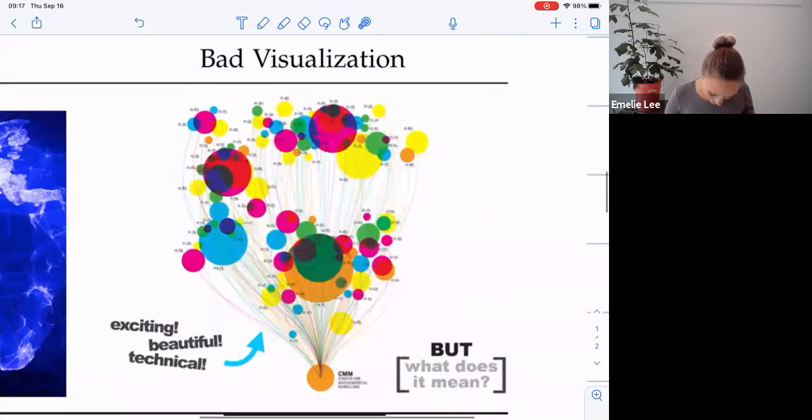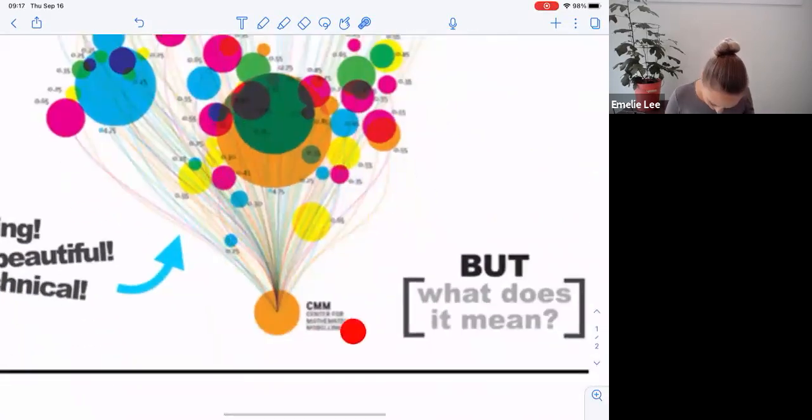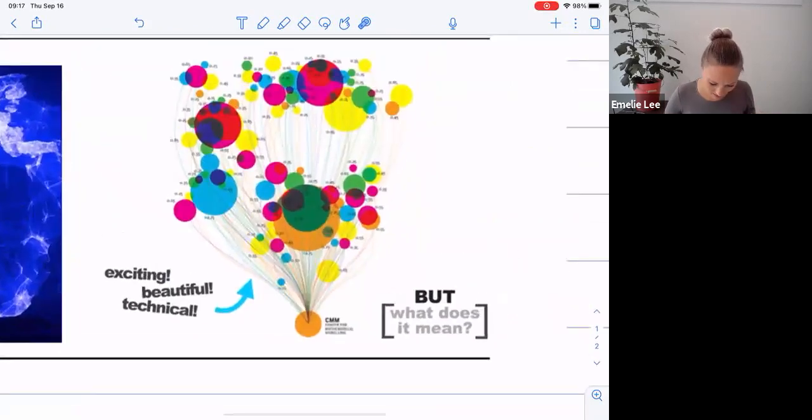But when I look at this, and I don't know what this is, Center for Mathematical something, I have questions. Does the distance from this clearly main blob matter? So this yellow circle being so close to here, does that mean something?